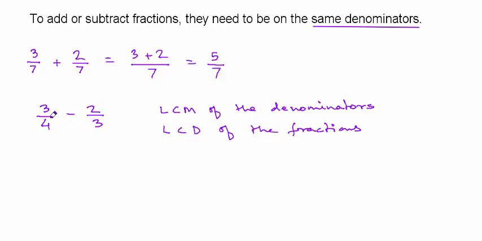And in this case, that number happens to be 12 for 4 and 3. So you want to change both fractions to something over 12 so that you could go ahead and apply the rules for adding and subtracting fractions on the same denominator.